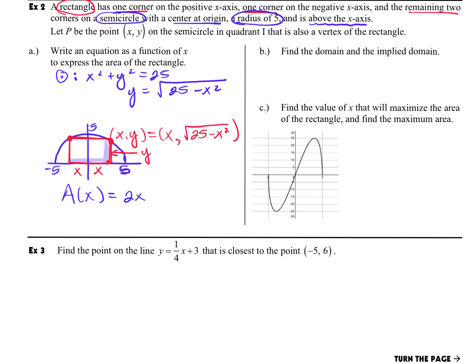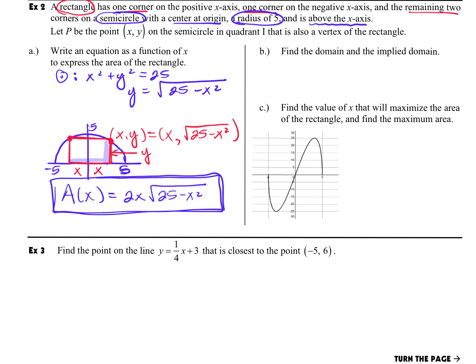And the height of my rectangle is this y, which is the square root of 25 minus x squared. This is your final answer. There is no more simplifying that can happen with this answer. So this is our function: if I have a value for x and I substitute it in, it will automatically tell me the area of the rectangle that I've created.